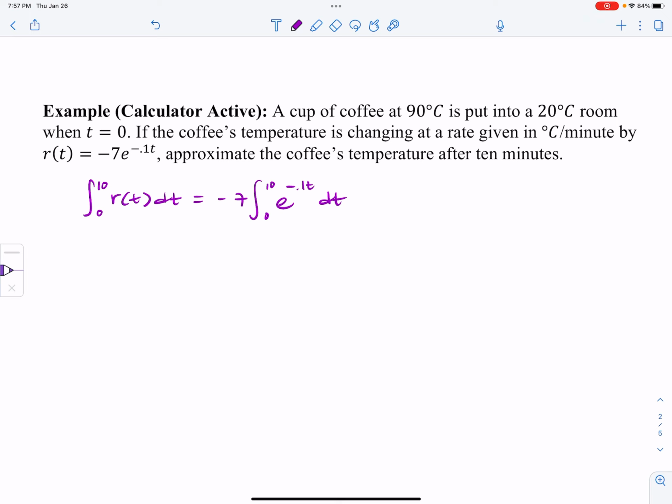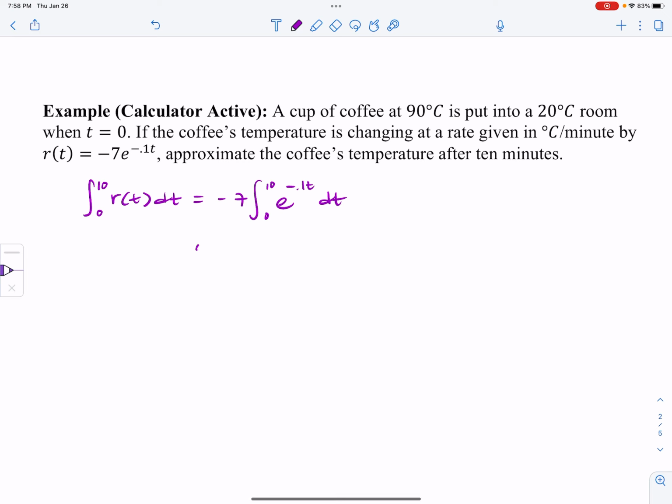You don't know how to integrate this yet by hand, but this is calculator active, so we can get an approximation of what the net change in temperature of the coffee in degrees Celsius would be by typing this into our calculator. So negative 7 times math, number 9 is fnInt, 0 to 10, and then e to the negative 0.1, and remember we have to type in x in our calculator as our independent variable.